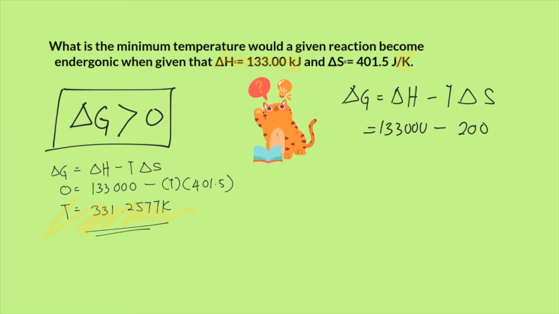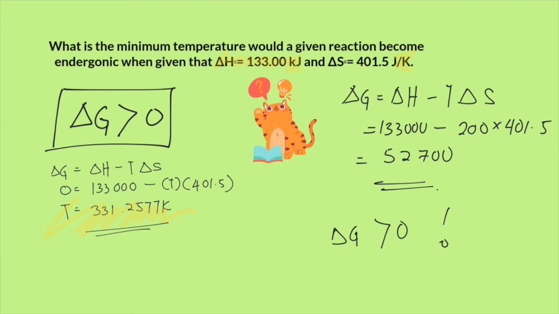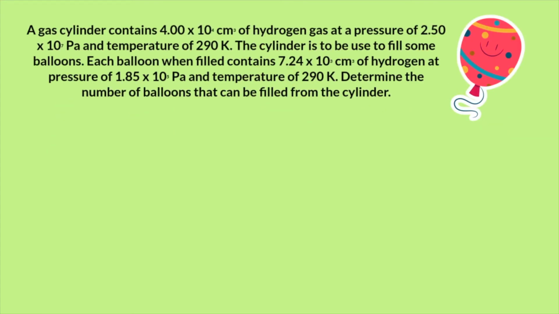And your delta S is the same, 401.5. From here, when you calculate, you will get your delta G is 52700. So in saying that, your delta G is actually bigger than 0. So it's proven that the temperature should be lower than 331.2577 Kelvin.